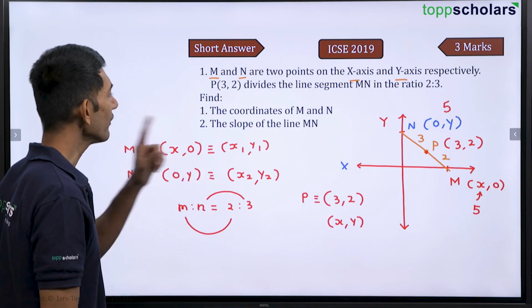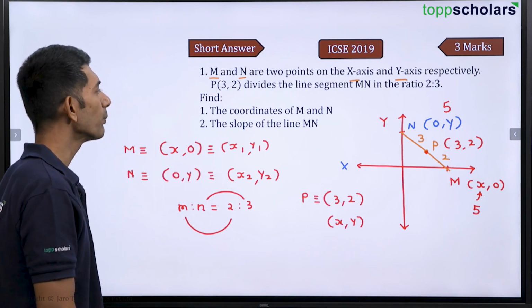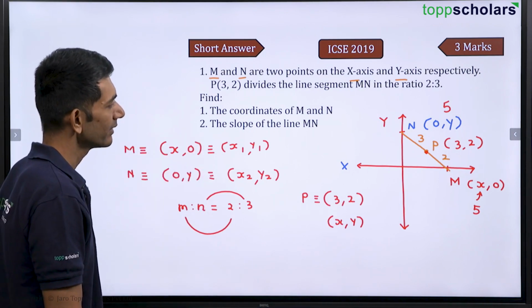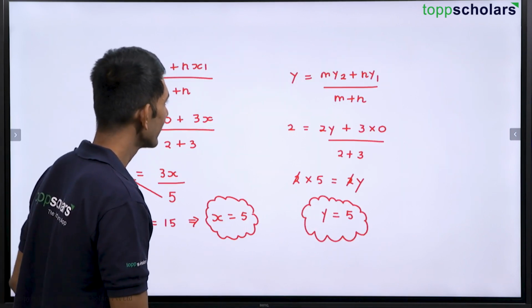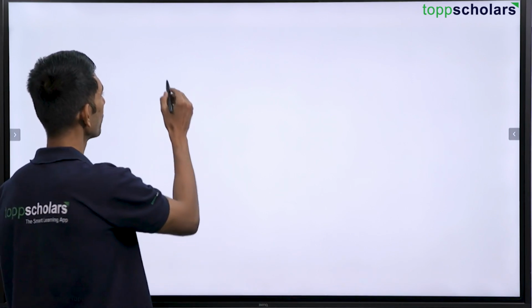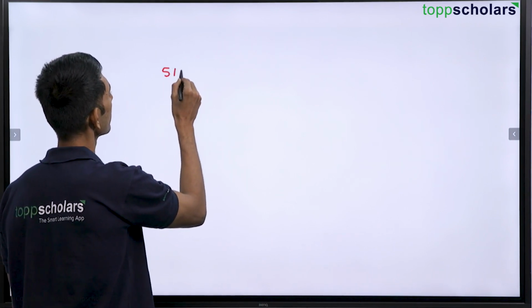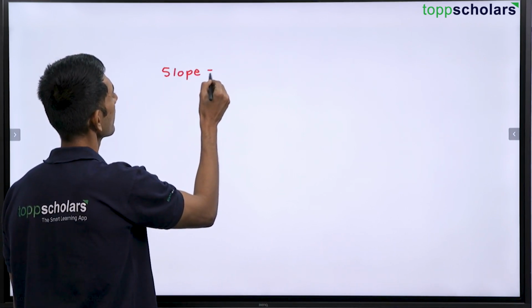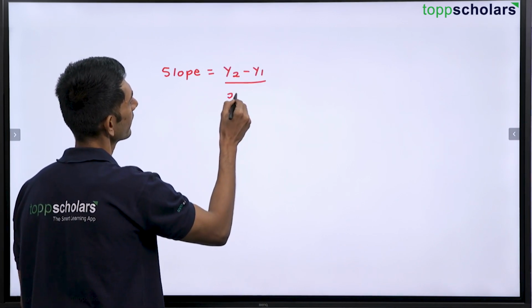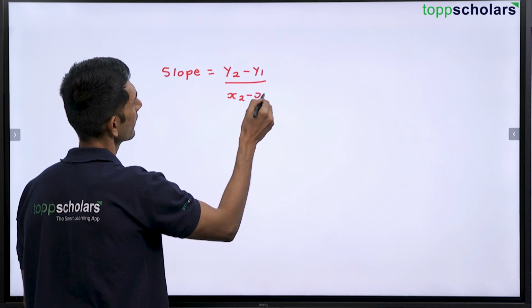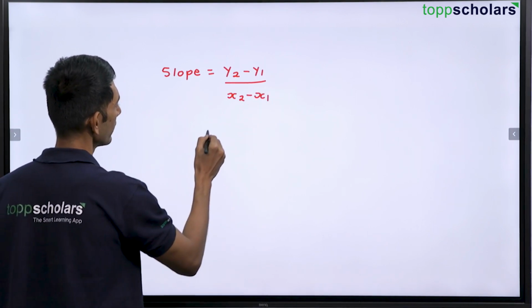Okay. Now we are supposed to find out the slope of line MN. Now how do we find the slope of line MN? We know the formula for slope. Slope is given by (y2 minus y1) by (x2 minus x1), right?